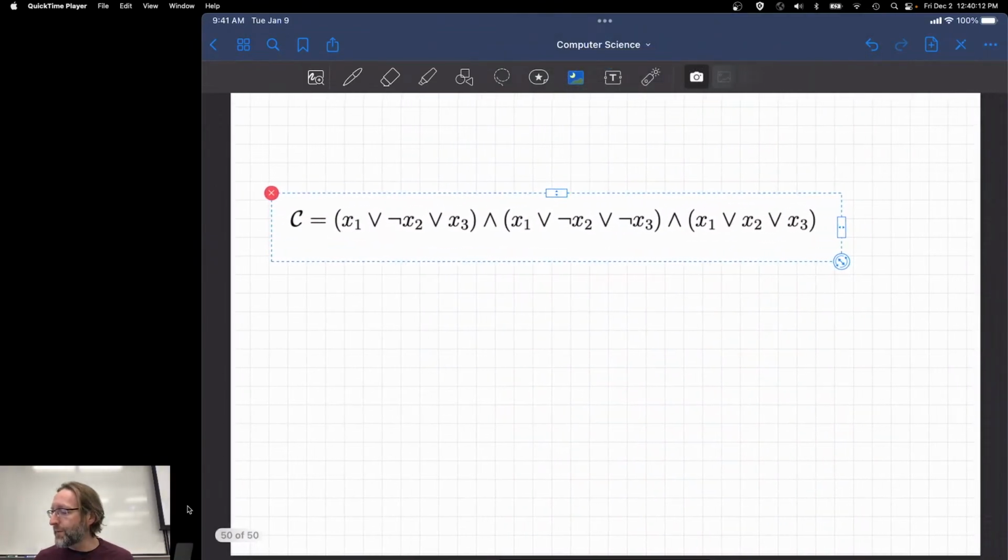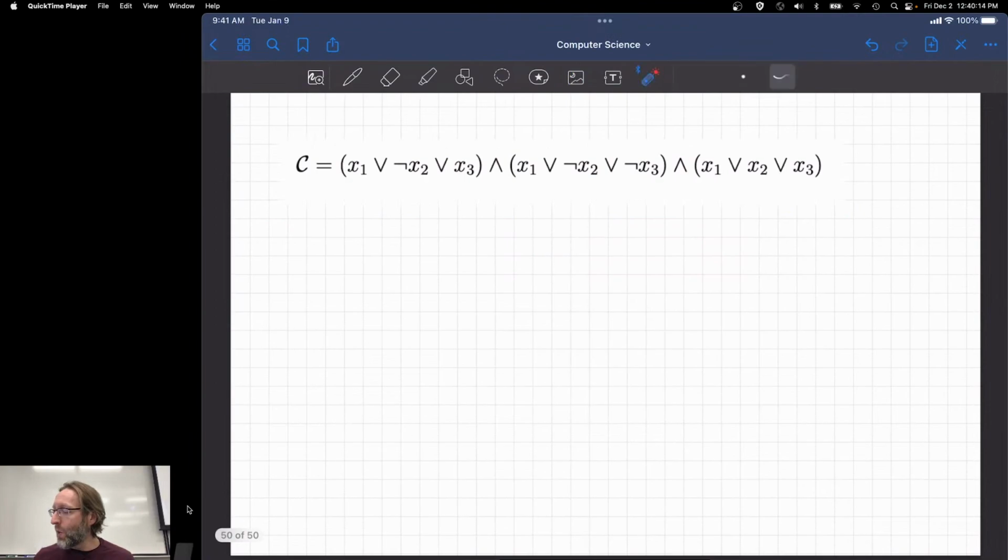That's a 3 CNF, right? It has 1, 2, 3 clauses. Each clause is a disjunction, or. And then the entire expression is each clause conjuncted together, and. Each clause only has 1, 2, 3 variables, or their negations.